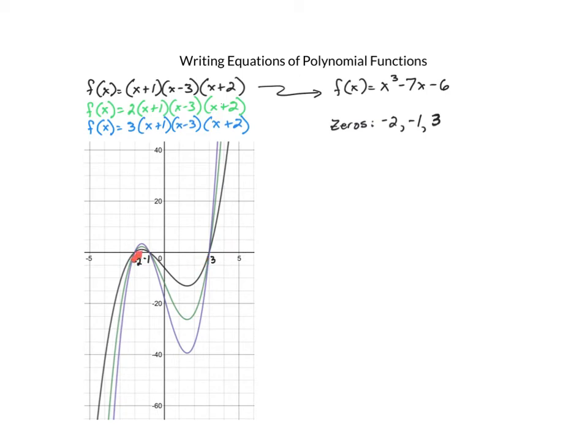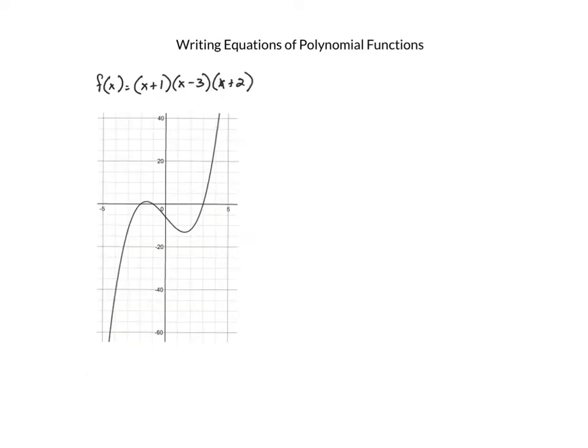This maximum here is now 3 times as high. This minimum here is 3 times as low. This y-intercept was up here, and now it's 3 times as low. But the general shape is the same. The graph started down here, it went up and down and back up for all 3 of these functions.